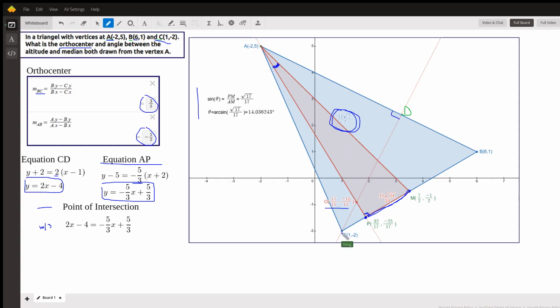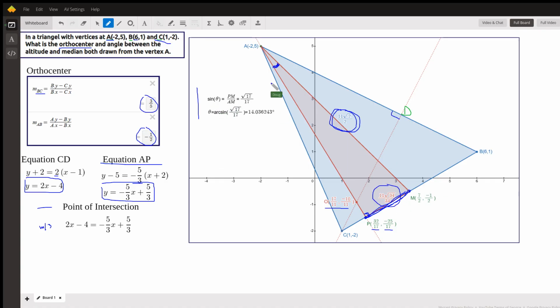Find out where the equation for AP intersects the equation for BC. Turns out it's 32/17 and minus 25/17. Now you can find this distance using the distance formula. This is what it simplifies to, simplest radical form.